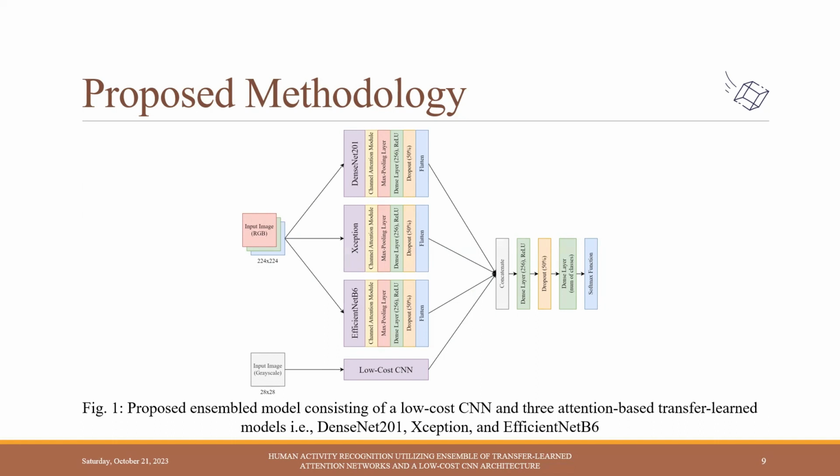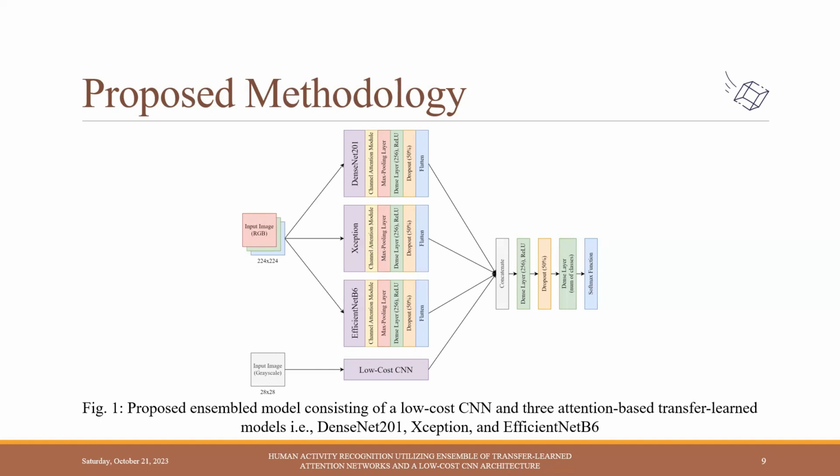Then Xception is the extreme Inception, so we are utilizing the core concept of Inception here also. And EfficientNet V6, as we know, is better at supporting the scalability feature. So to support all these ideas, we have selected these three transfer learning methods.